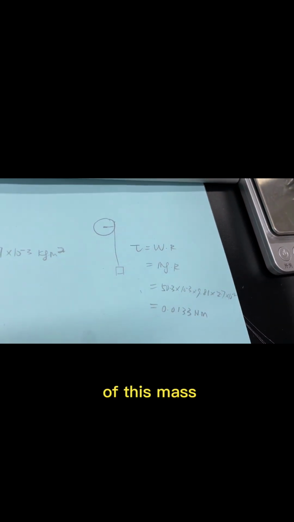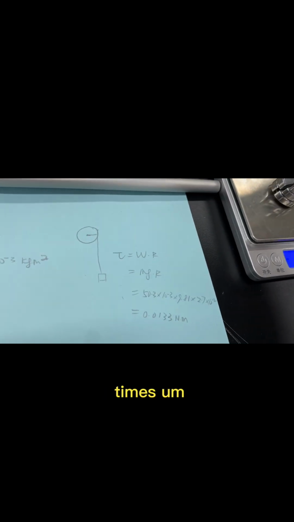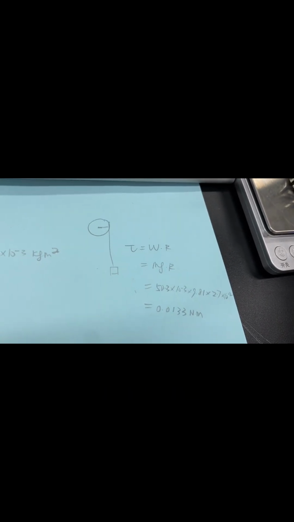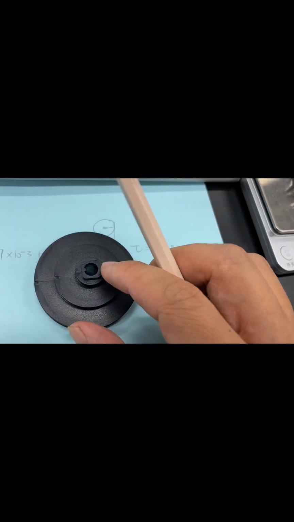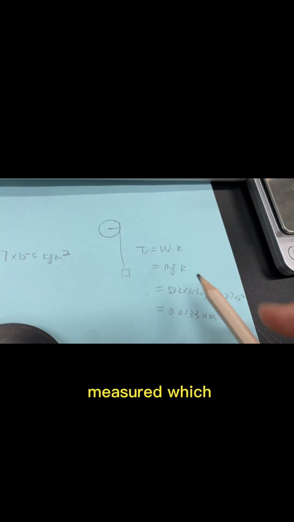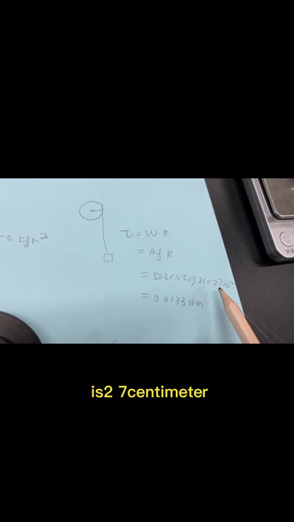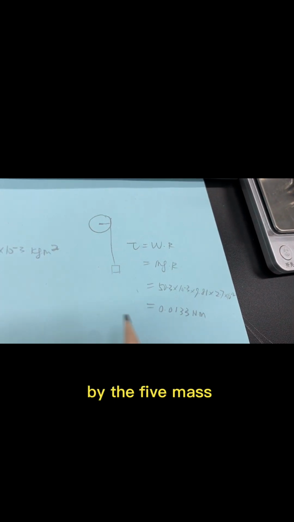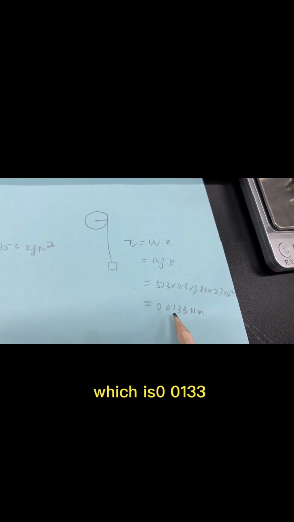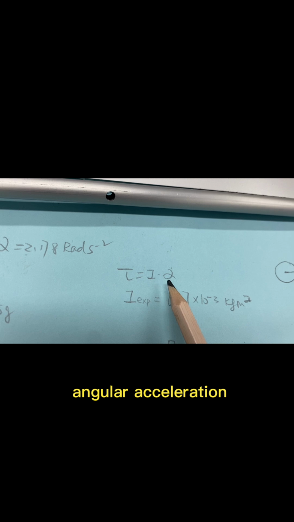So that's mg, the weight of this mass, times the radius of the pulley, which is already measured, 2.7 centimeter. I calculate the torque provided by the mass, which is 0.0133 Newton meter.